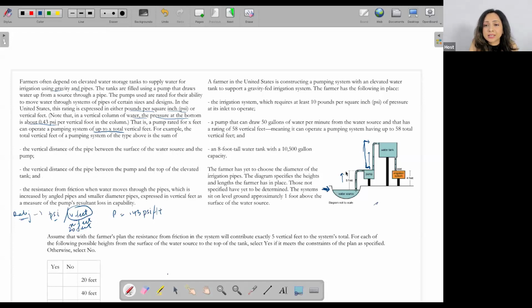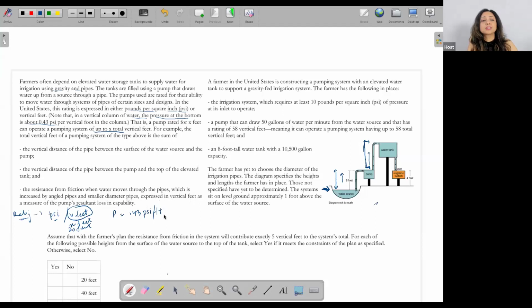And the resistance from friction when water moves through the pipes, which is increased by angle pipes and smaller diameter pipes, expressed in vertical feet as a measure of the pump's resultant loss in capacity.